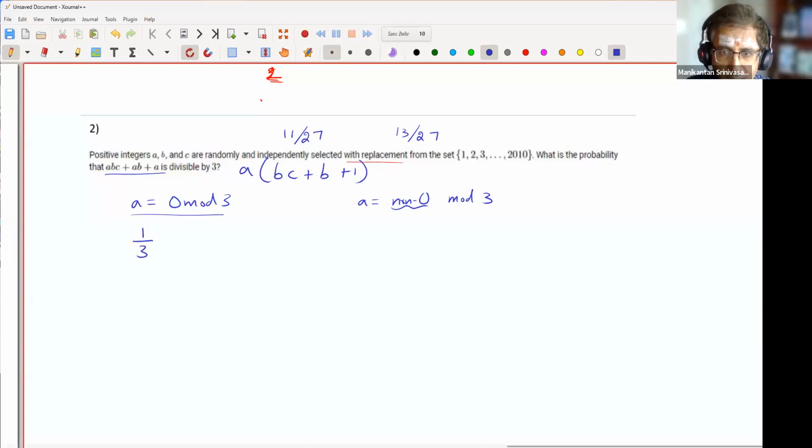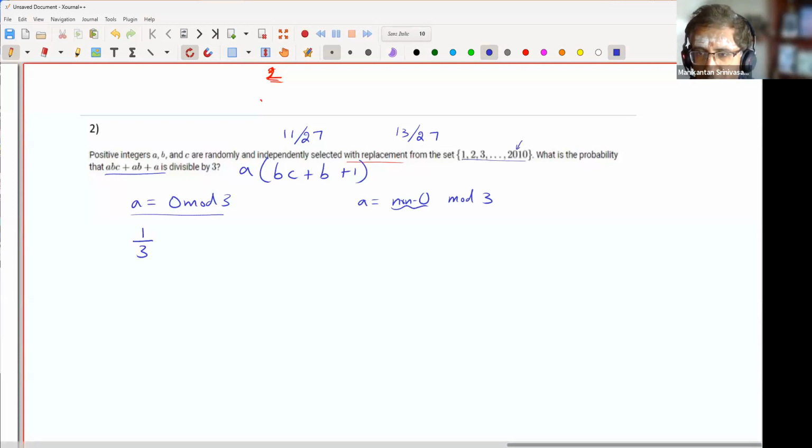With 1/3 probability, A will be divisible by 3 because 2010 is a multiple of 3. You can clearly see that 2010 is a multiple of 3, right? Since you have a uniform distribution of numbers leaving a remainder of either 0 or 1 or 2, with 1/3 chance, A will be perfectly divisible by 3. So 1/3 into don't care on B and C, which is 1.